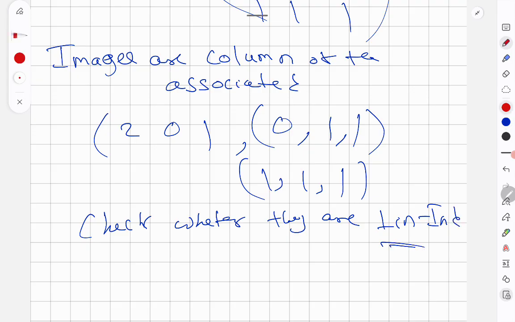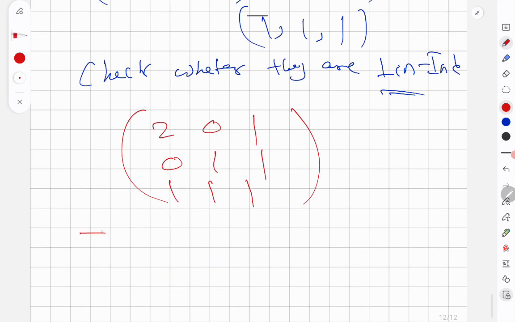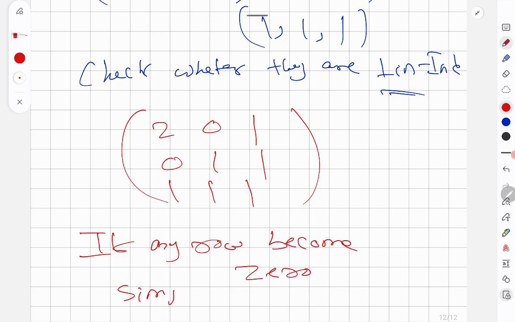To check whether they are linearly independent, put them in echelon form, and if any row becomes 0, simply eliminate it.